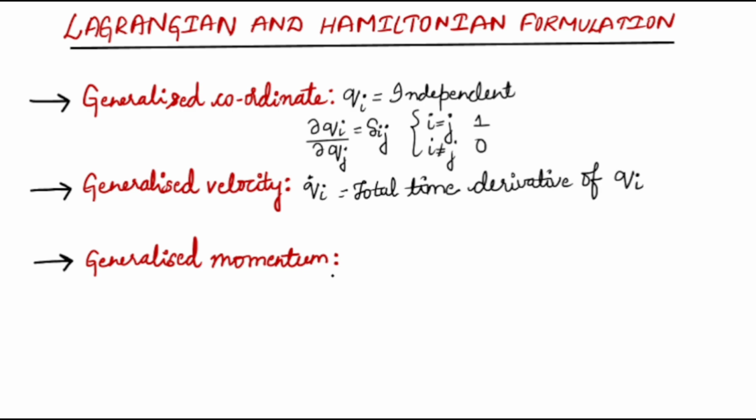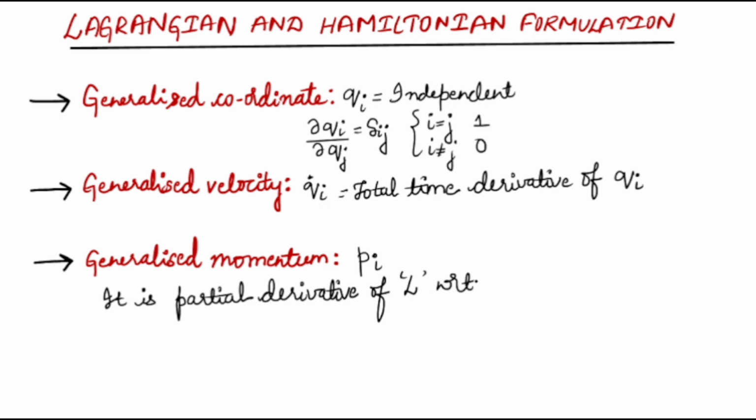Next, generalized momentum. The symbolic representation of generalized momentum is pi. I can define generalized momentum as the partial derivative of L, the Lagrangian, with respect to generalized velocity, that is qi dot.